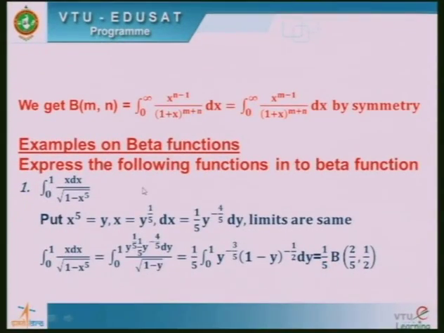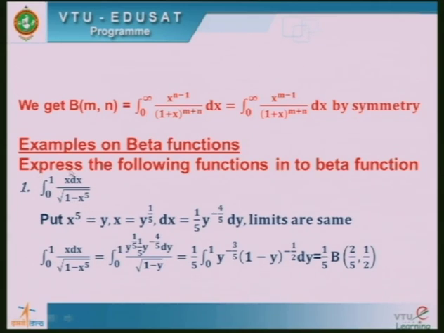Now, we will see the examples on beta function, means any integral we ask you to find, express the integrals into beta function. See one of the examples: express the integral from 0 to 1 x dx over square root of 1 minus x raised to 5.